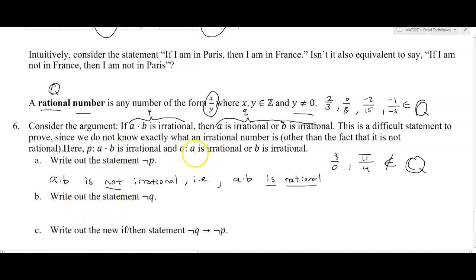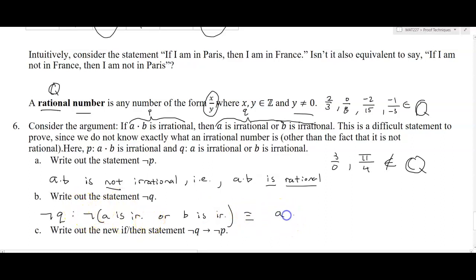So not Q. Well, Q is the statement A is irrational or B is irrational. So not Q is the negation of the statement A is irrational or B is irrational. Now, by De Morgan's law, the negation of a disjunction is the same thing as saying it is not the case that A is irrational.